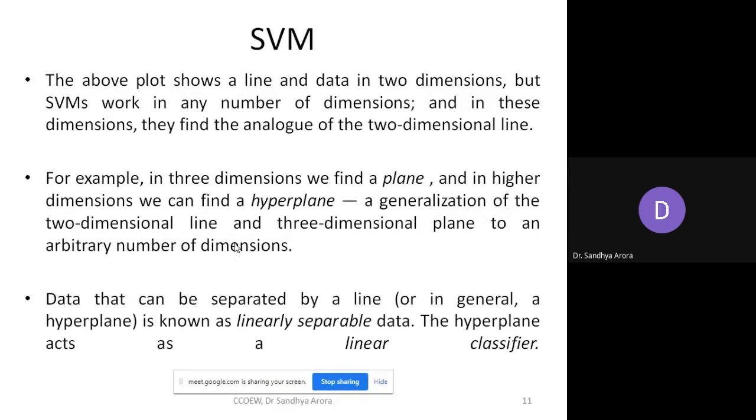Now what we talked about is linearly separable data. I think you know what we mean by linearly separable data. Linearly separable data means data where you can clearly find a boundary to separate the data items.